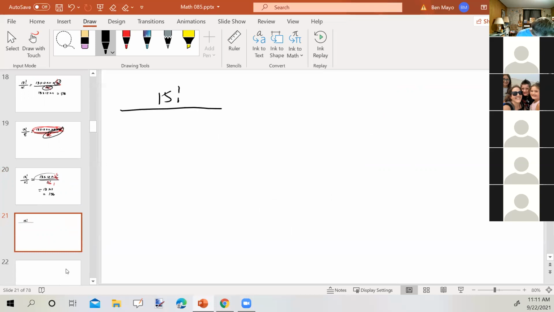15 factorial over 14 factorial times 15 minus 14 factorial. Okay. Now, order of operations. What I'm going to do first of all is do what's in the grouping symbol. What's 15 minus 14? 1.